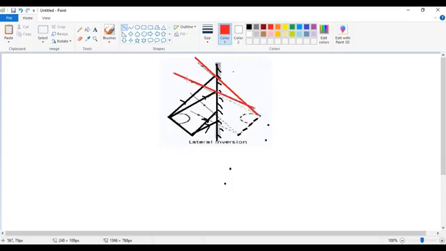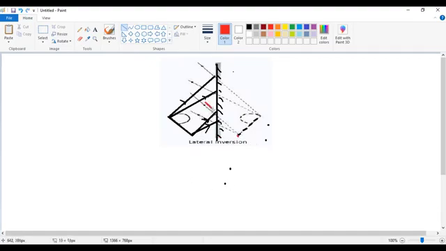Now what will we do? Students, to draw the diagram accurately, you calculate the point here. How many centimeters is the distance? So the same distance you take behind the plane mirror and draw a point. Suppose this is the point, as shown with red color.